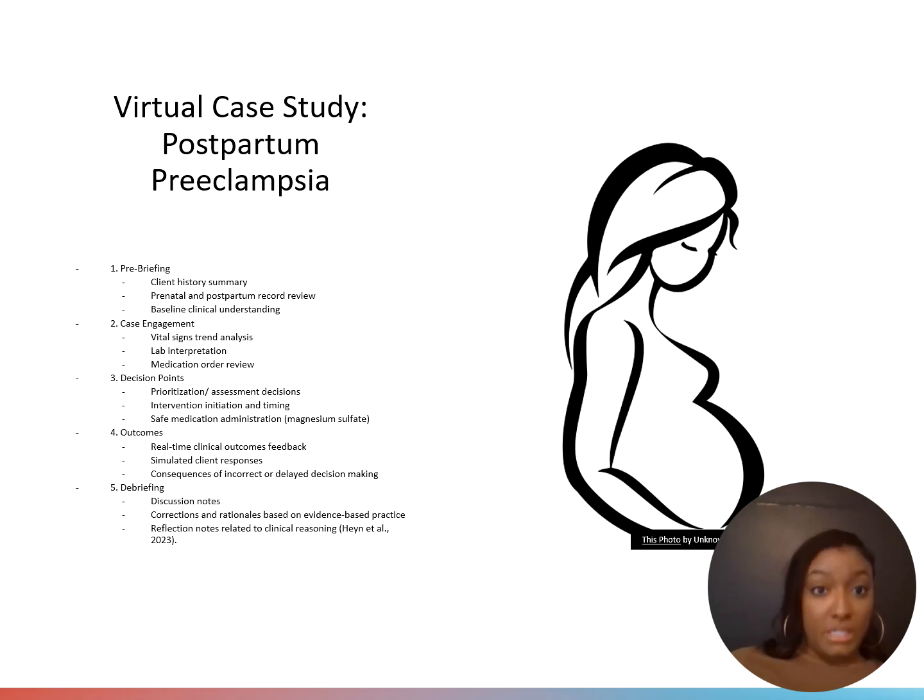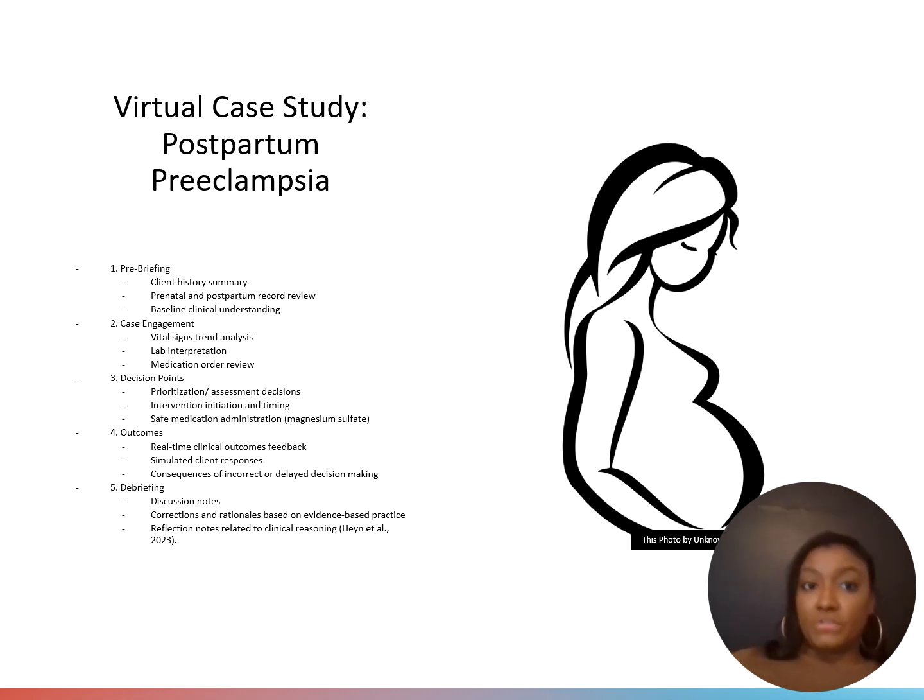The students would then enter the case engagement phase where the student assesses vital sign trends, any labs such as your creatinine. You're looking for thrombocytopenia, any proteinuria. And the student would also assess any medication orders to gather key clinical data.